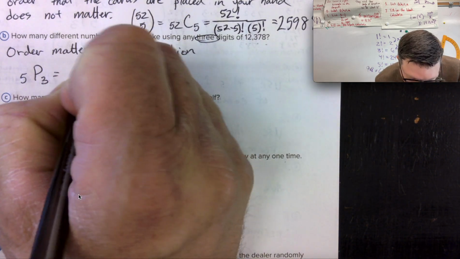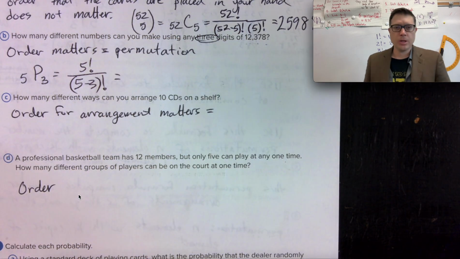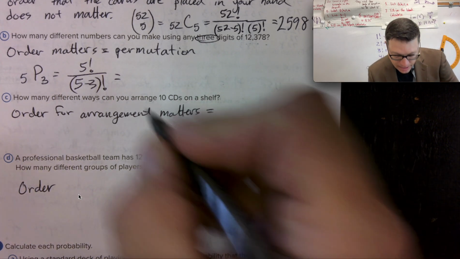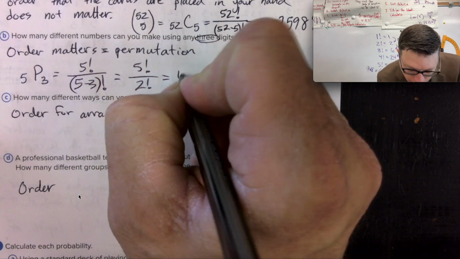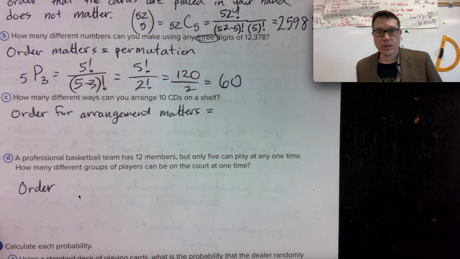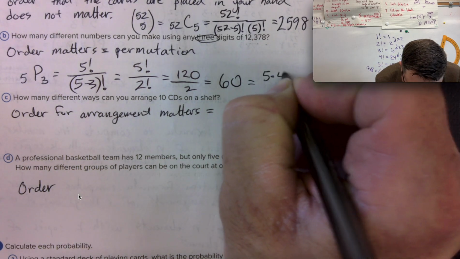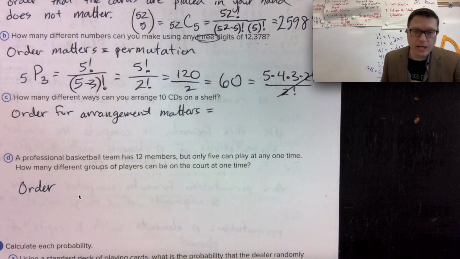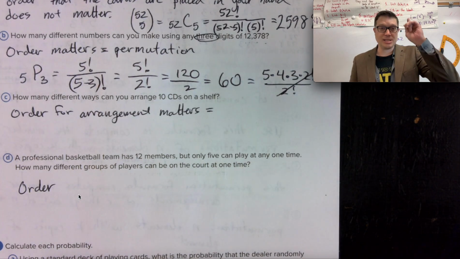So 5 factorial over 5 minus 3 factorial. 5 factorial is 120, and 5 minus 3 factorial is 2 factorial, so it's 120 divided by 2, aka 60. We could also have gotten that from 5 times 4 times 3 times 2 factorial divided by 2 factorial, and the 2's cancel, leaving us with 5 times 4 times 3, 60.